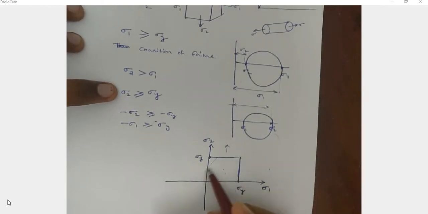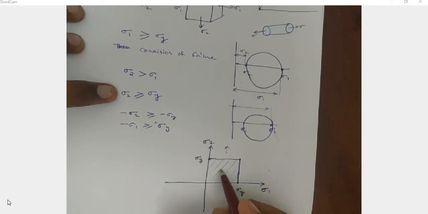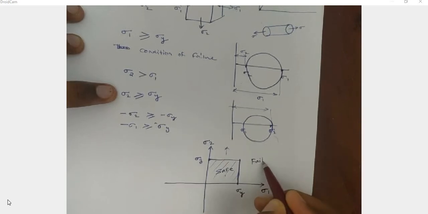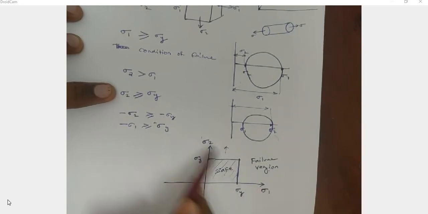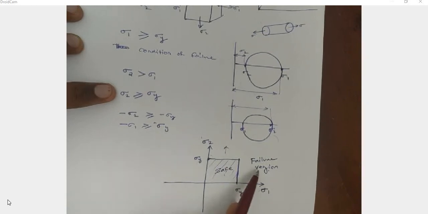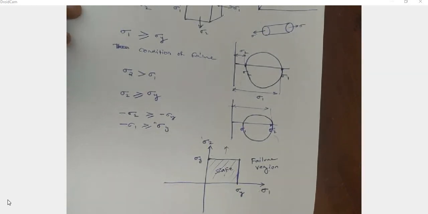So this area is a safe region, and this area is a failure region. So the combination of sigma 1 and sigma 2 outside this rectangle will be a failure of the member under the principal stress theory.